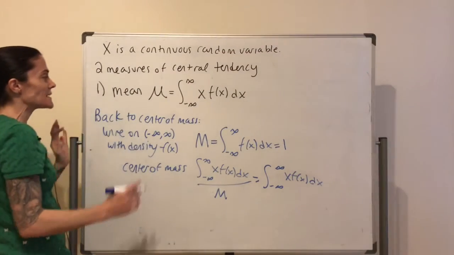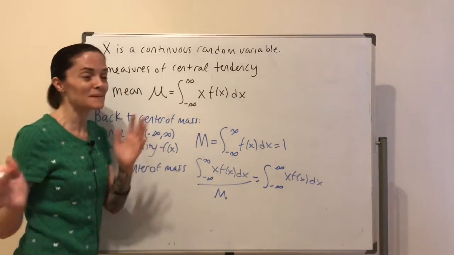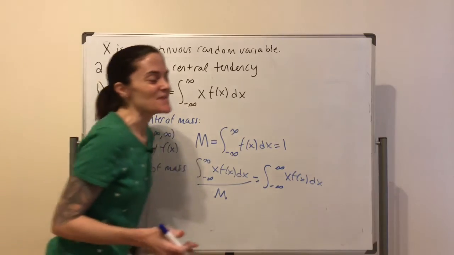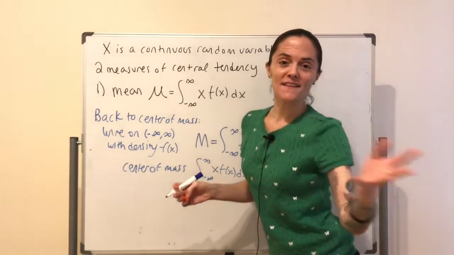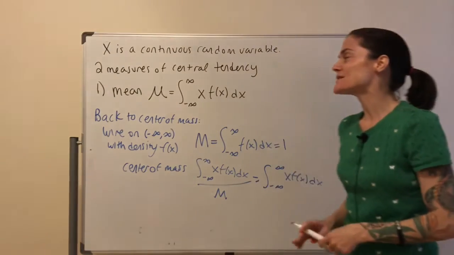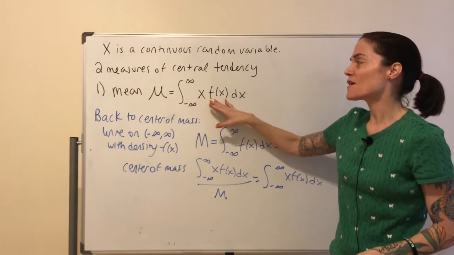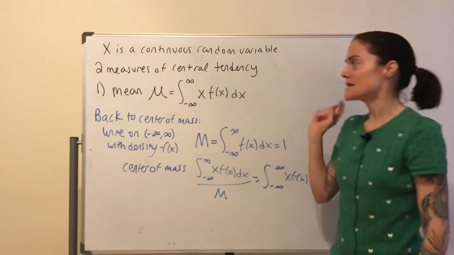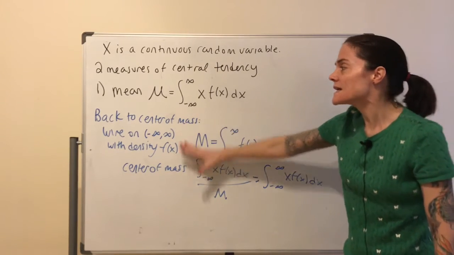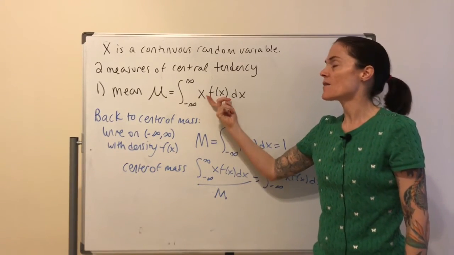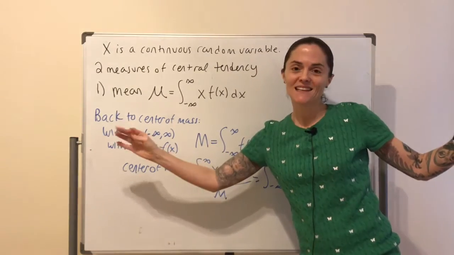So in fact, this measure of central tendency, which is the mean, I'm sure you've heard of that. Well, like the average on the test was whatever. Okay, that's a little different because it's not for a continuous random variable. That comes from a sample, but it's the same idea. But this mean really is the center of mass, if you think about this probability density function being density like on a long wire.